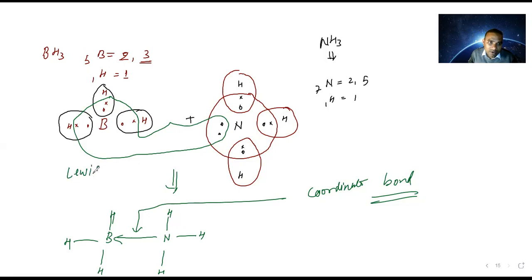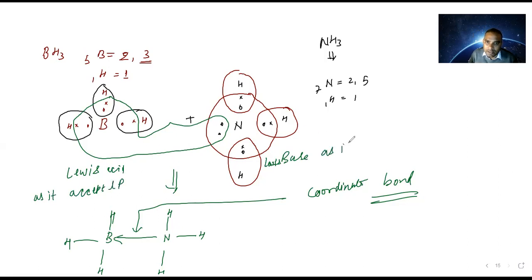So this was the acid. Why acid? Because here you see the lone pair of electrons is accepted by boron. This is the base. Why base? Because the lone pair of electrons is donated to the Lewis acid. Lewis acid accepts a lone pair, you can see here in the circle accepting.